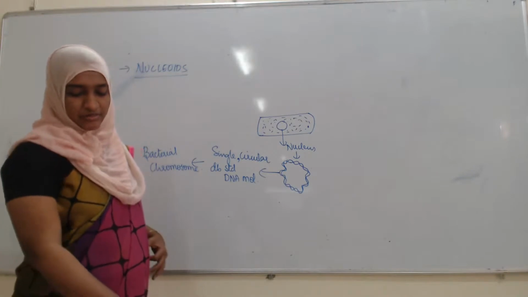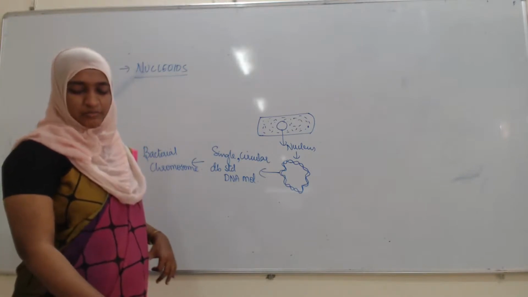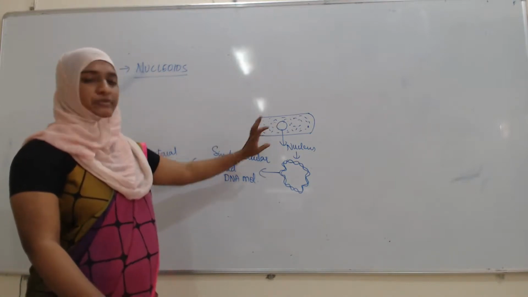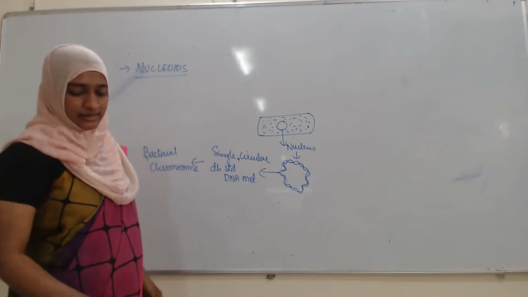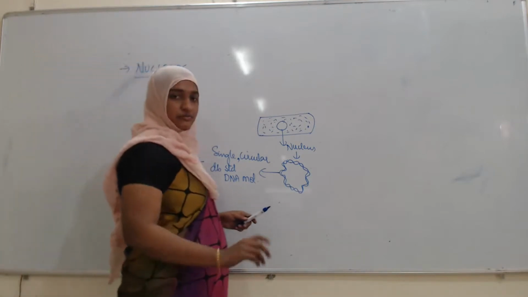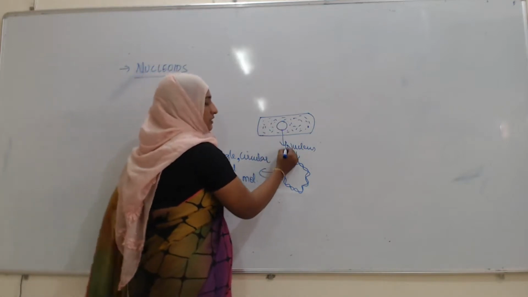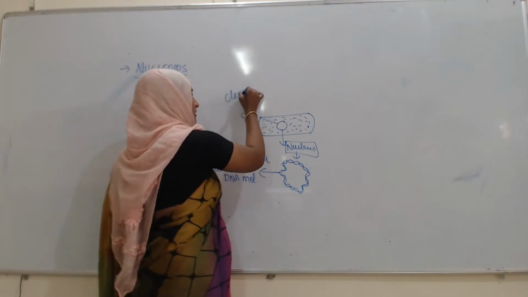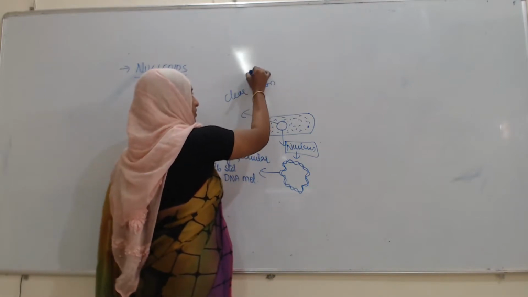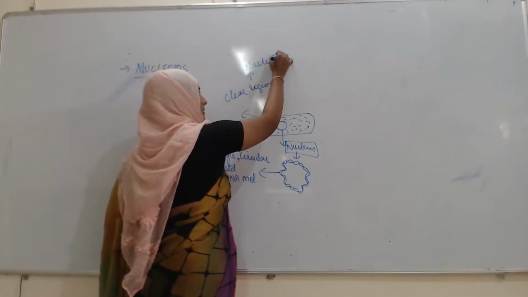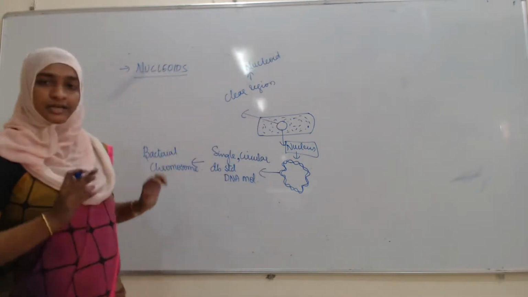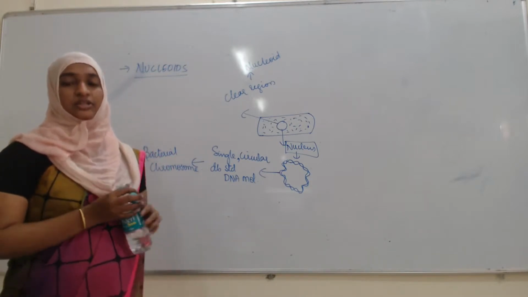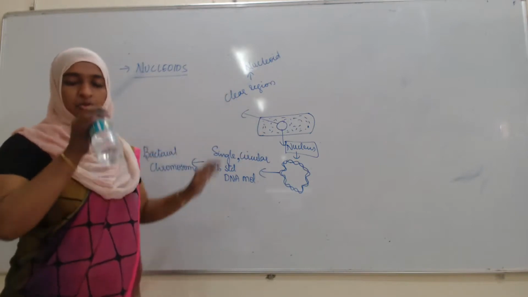However, the nuclear material is usually concentrated in a specific clear region, which you can clearly visualize. That clear region where the genetic material is present, we call the nucleoid.